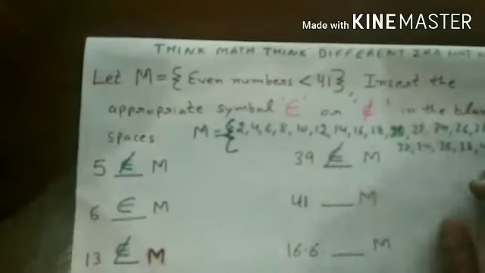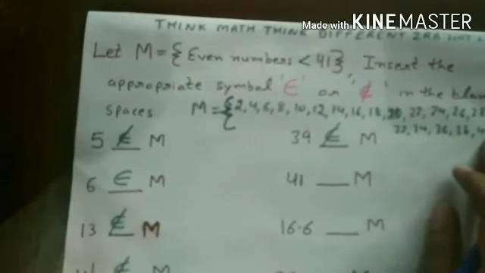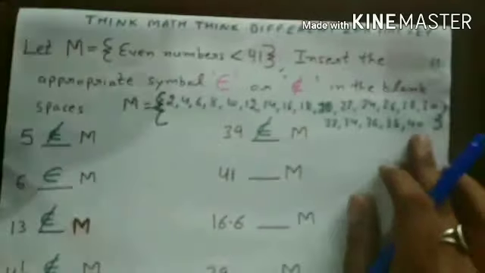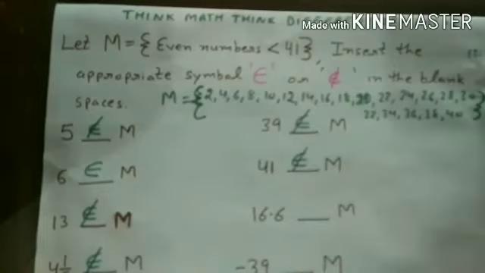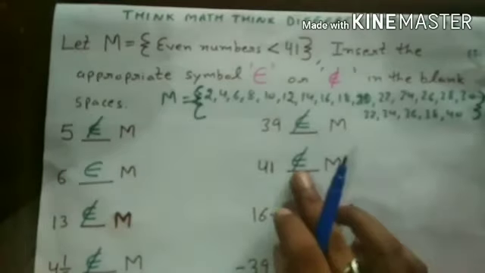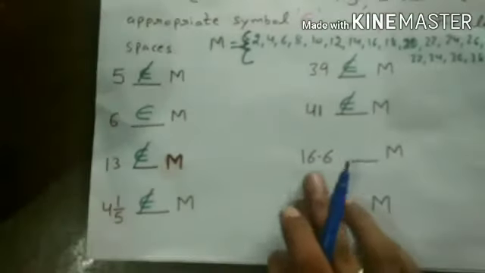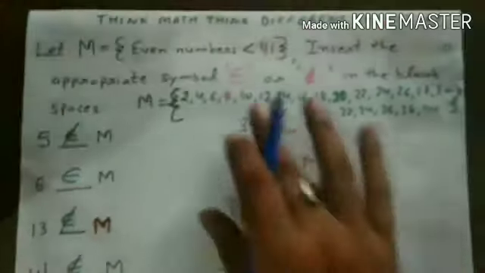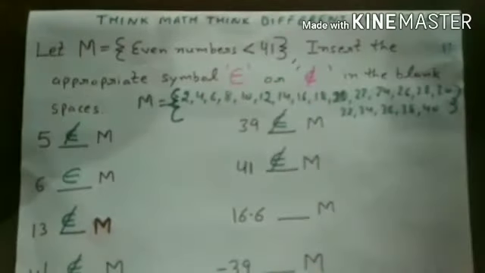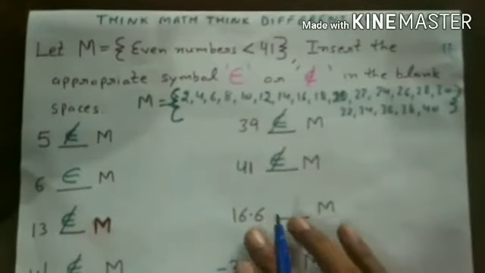You can see 41 is not there in the set. So 41 is also not a member of the set M. So which symbol will we write? Does not belong to. Now here, what is this? This is the decimal number 16.6. In our set, all the members are natural numbers, but this is a decimal number.